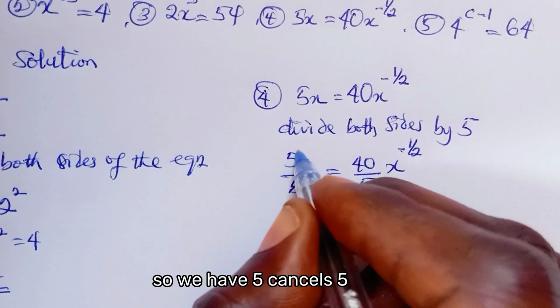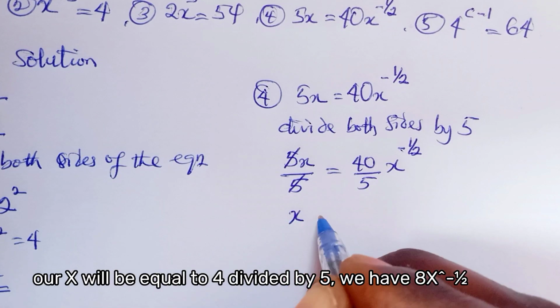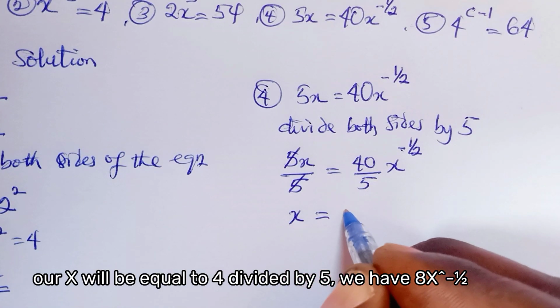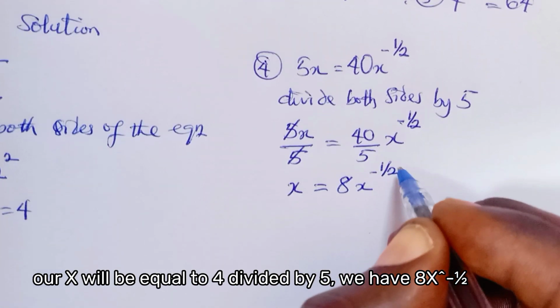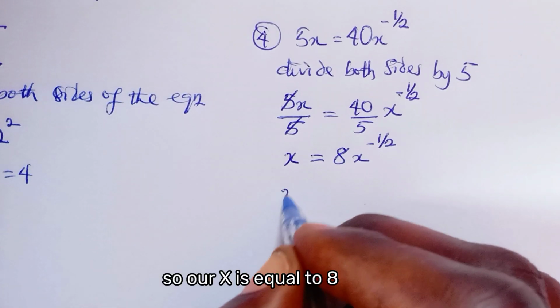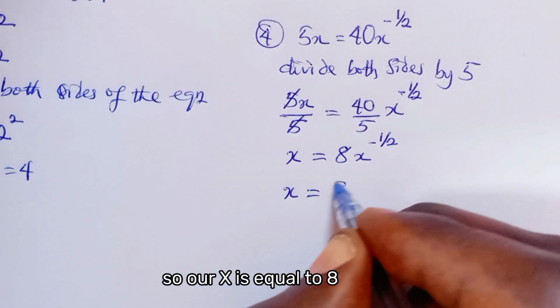So we have 5 cancel 5. Our x now will be equal to 40 divided by 5, we have 8 x raised to power minus 1 all over 2. So our x is equal to 8 x raised to power minus 1 over 2.